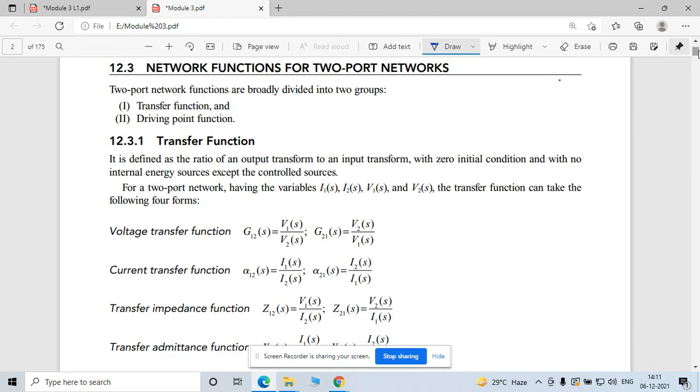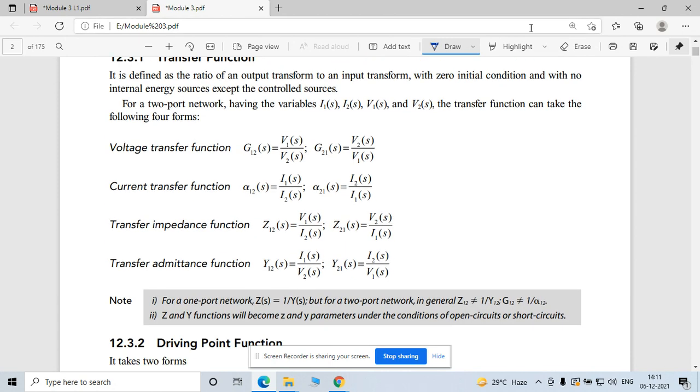Now see the transfer functions for the two port network. We already covered these functions in two port network theory. This is your voltage transfer function. It has no unit because both terms are in voltage. This is G12, with G1 as numerator and G2 as denominator. The second one is the current transfer function.